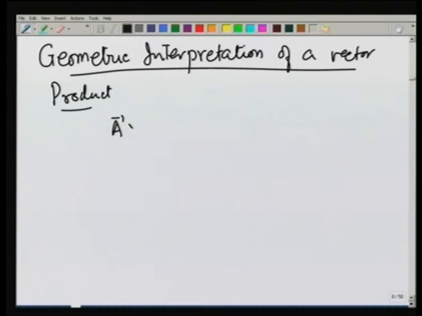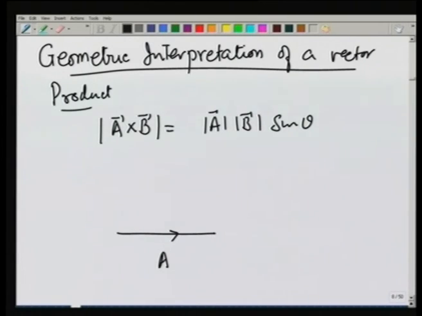A cross B, its magnitude is nothing but magnitude of A times magnitude of B times sine of theta, where theta is the angle between them. So, if there is a vector A and there is a vector B, and the angle between them is theta, you can see that magnitude of A cross B is nothing but A times B sin theta. This is B magnitude. So, this is B sin theta.